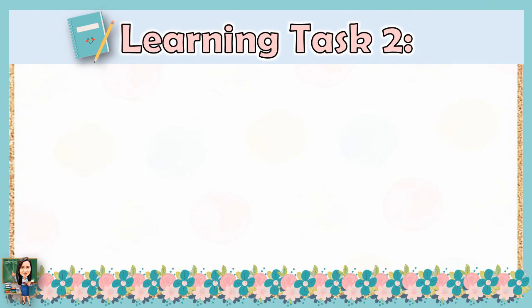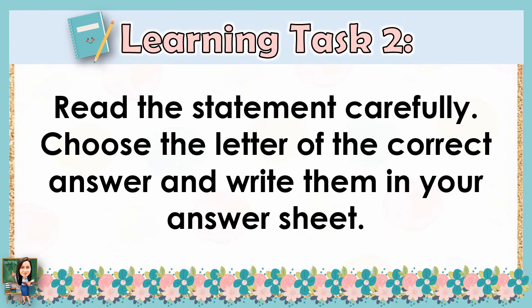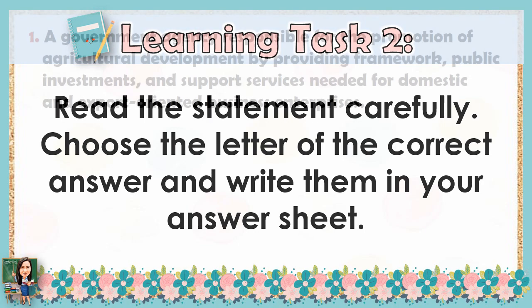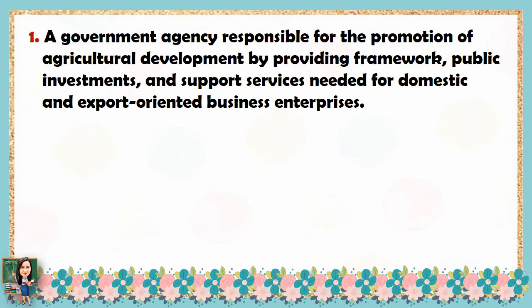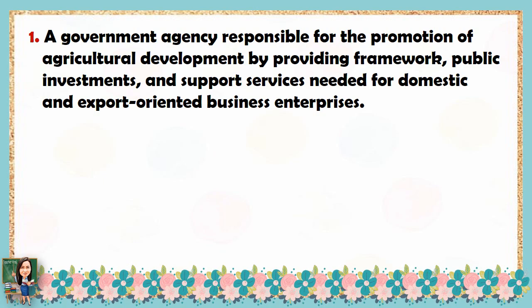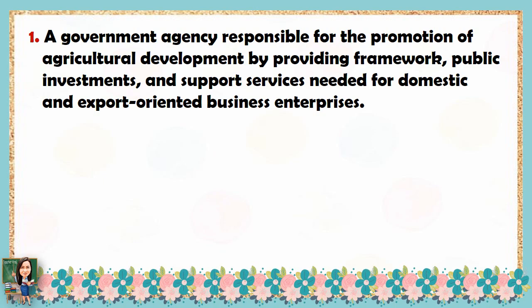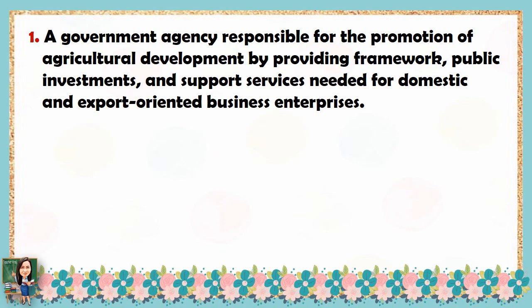Learning task 2. Read the statement carefully. Choose the letter of the correct answer and write them in your answer sheet. Number 1. A government agency responsible for the promotion of agricultural development for providing framework, public investments, and support services needed for domestic and export-oriented business enterprises.